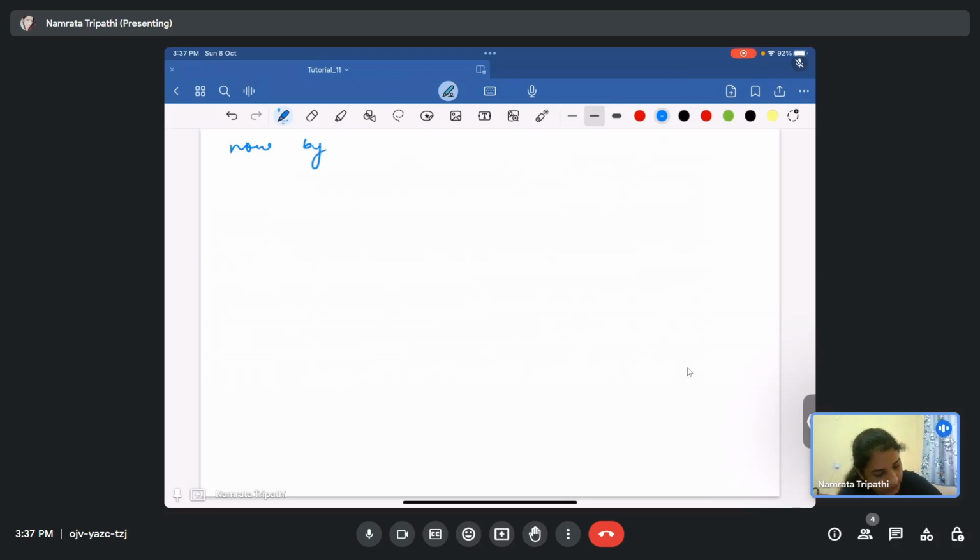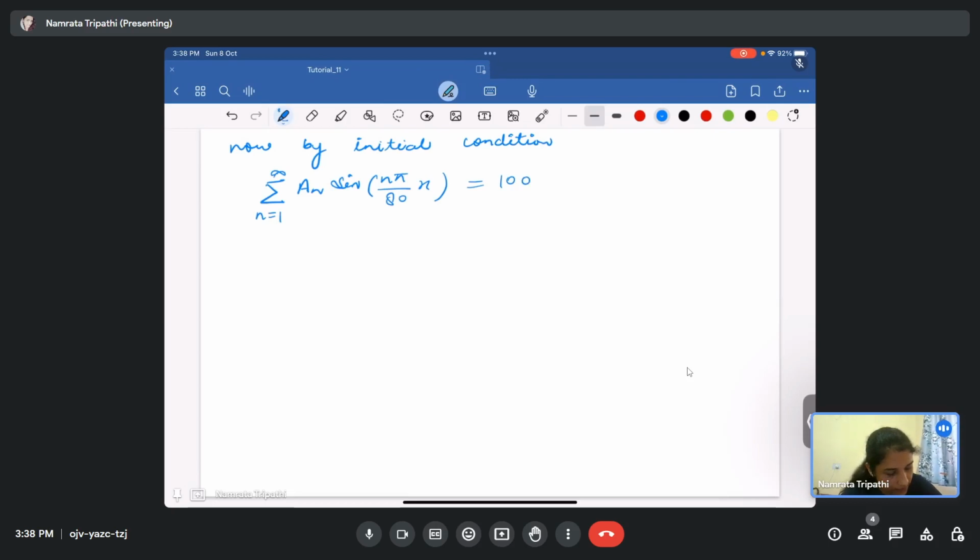Now by the initial condition, what was the initial condition? 100 into sine nπx upon 80.